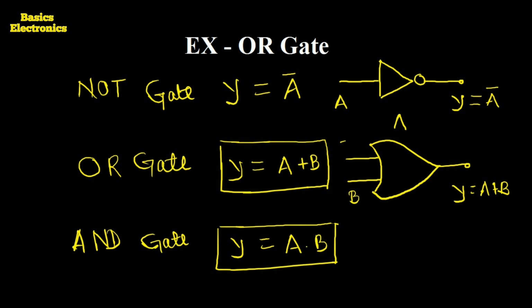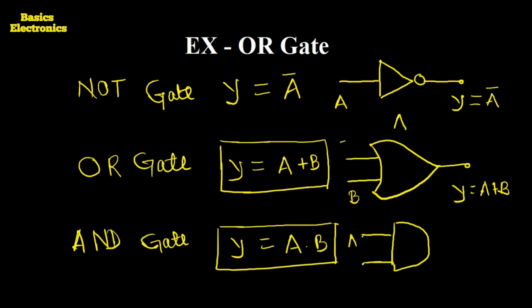The AND gate produces a logically high output when and only when all its inputs are logically high; otherwise its output is logically low. What symbol do we use for the AND gate? We draw a half circle. It may have two or more inputs; I am showing only the two-input AND gate.